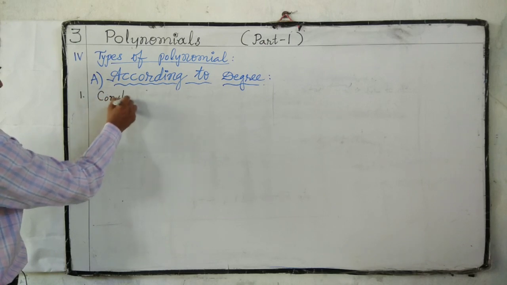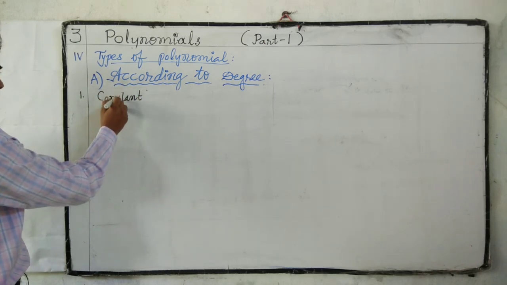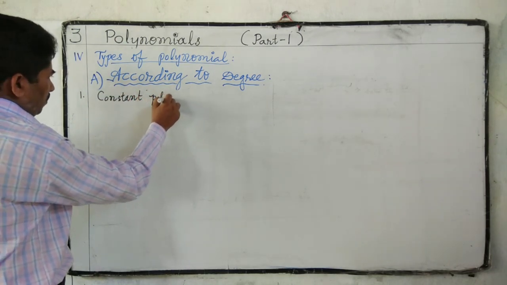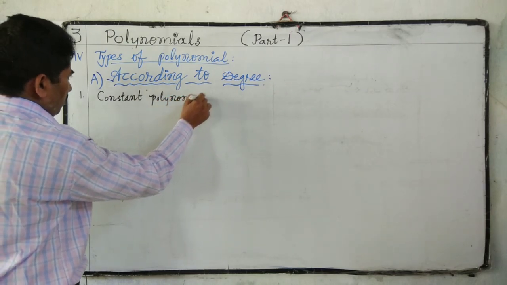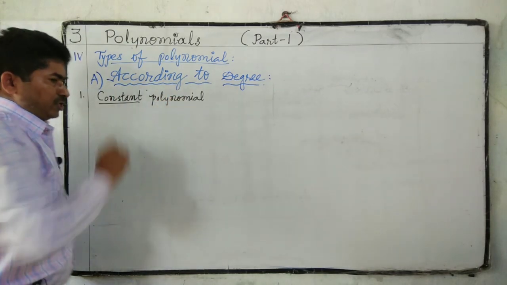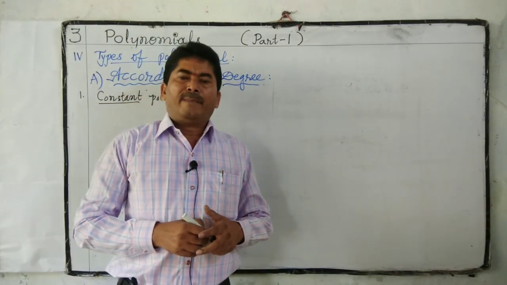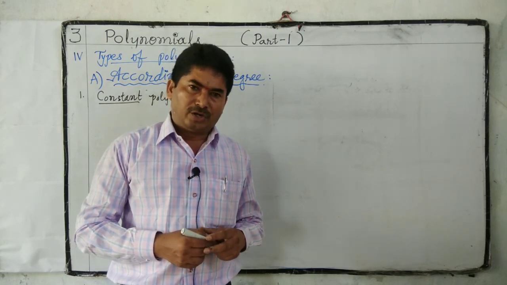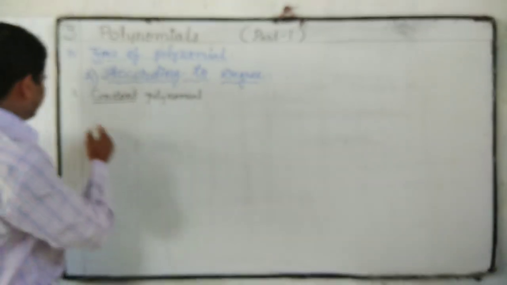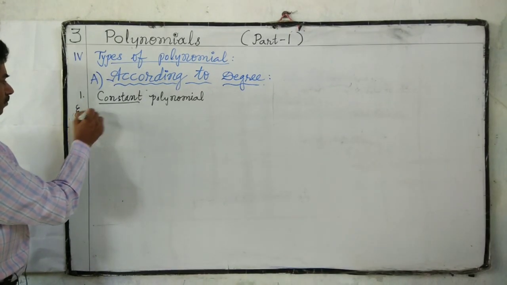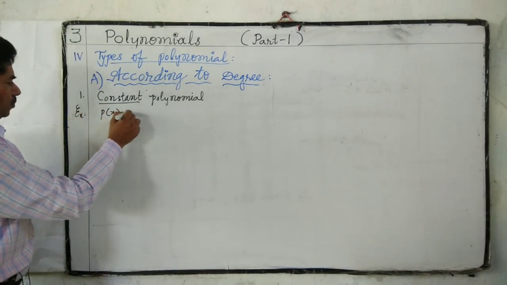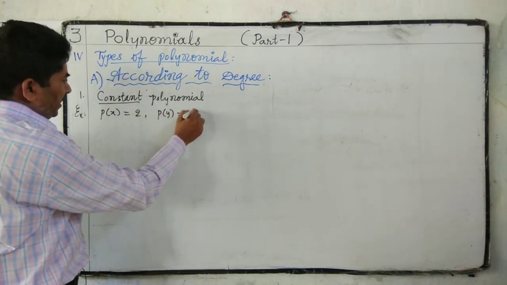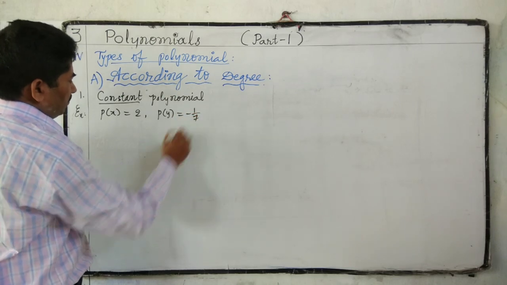Constant polynomial. A polynomial of degree 0 is called constant polynomial. Example, p of x is equal to 2, p of y is equal to minus 1 by 7.